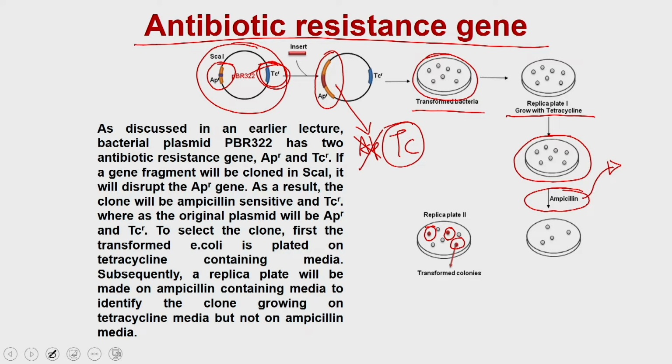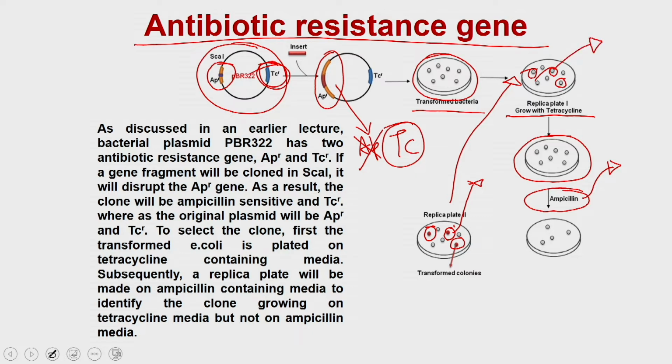Okay. So, these are the colonies which actually received the recombinant DNA, so now you can take this and go to the original master plate and extract them. You can take out these colonies and use them for downstream applications.